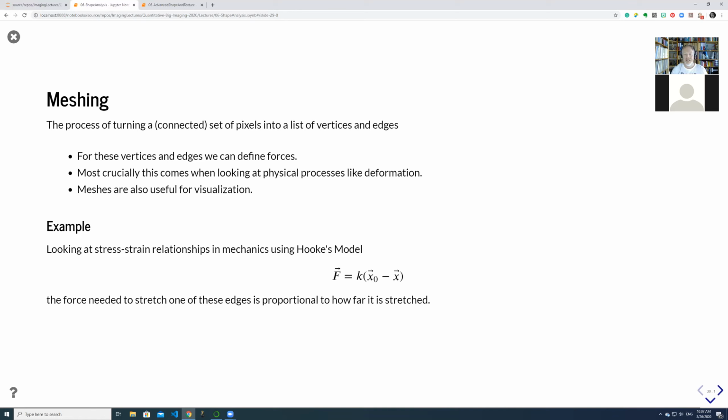This is very useful, for example, when you want to do finite element analysis, where you want to put forces on different places in the object. Then you can see how the edges stretch when the forces are applied. That's a typical approach in mechanical engineering.